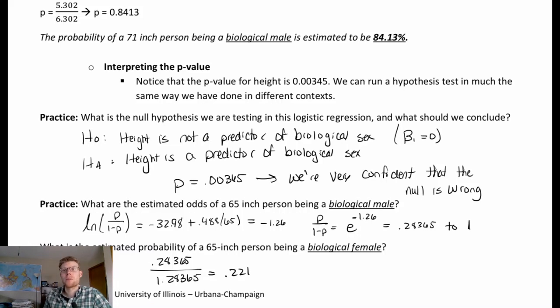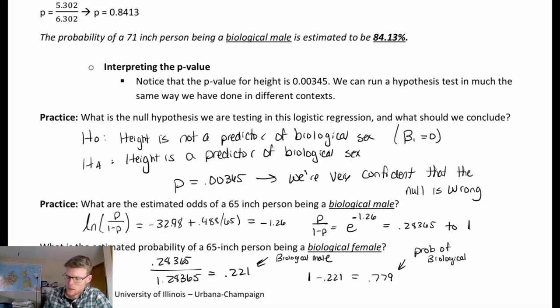This would be the probability of biological male. So then 1 minus 0.221 is going to be about 0.779. And this is going to be the probability of biological female.